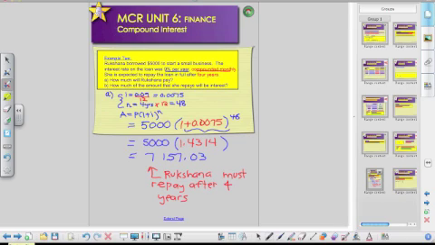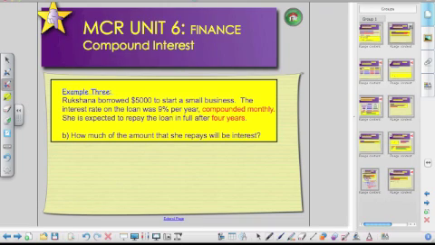Now the next question is something that pops up frequently in your unit guide. How much of the amount, the final amount that she repays, will be interest? So if my initial amount was $5,000, how much of the final amount will be interest?